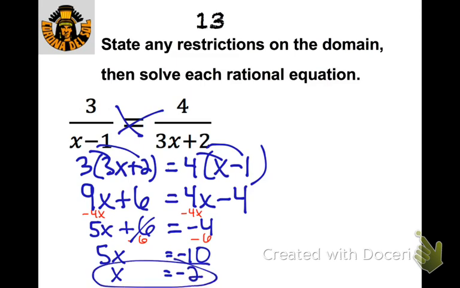Just make sure that we're allowed to have that as an answer, because the answers that we're not allowed to have would be x can't be 1, and x can't be, and what we'd have to do is set this equal to 0 to make sure. But if we set that equal to 0, a little mental math, that would be negative 2/3. So x can't be negative 2/3.